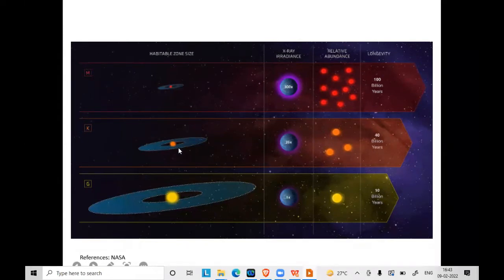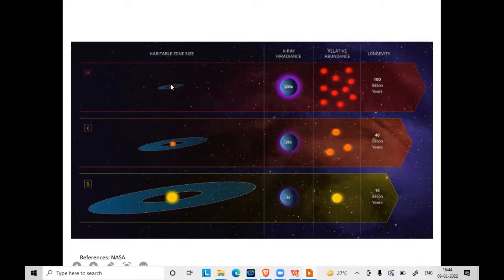If there is a planet in that Goldilocks zone, the first column gives you an idea about the radiation that planet is exposed to, typically the X-ray irradiance. Compared to the X-ray irradiance we have from our sun, if the Goldilocks zone is further narrowed down for another star, the X-ray irradiance increases by 25 times.